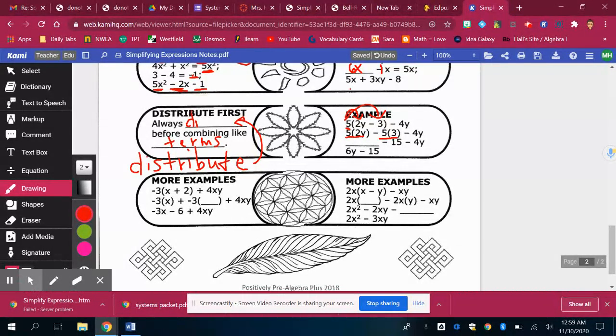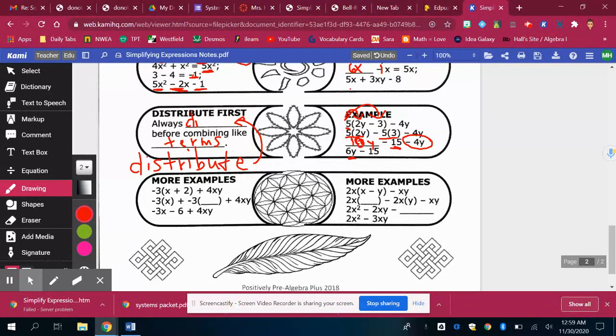So we have 5 times 2y gives us 10y, minus 5 times 3 gives us this 15, minus 4y. So we did the distributive property, and then we have to look for like terms. So here we have 10y and negative 4y. 10y minus 4y gives us 6y minus 15.